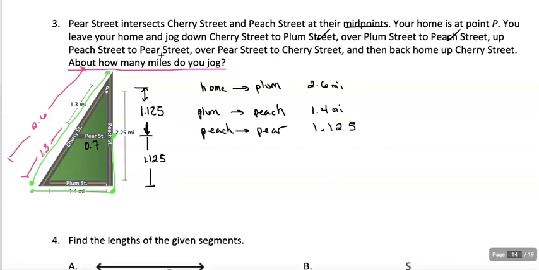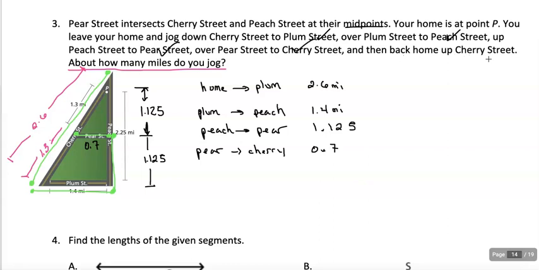So up Peach to Pear, check. And then over Pear Street to Cherry Street. So now you're going Pear to Cherry, and that's 0.7. So Pear to Cherry, check.